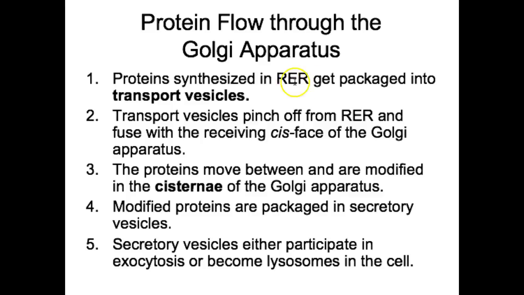So we go from the rough endoplasmic reticulum, we might go through the smooth endoplasmic reticulum, and then to the Golgi apparatus. It's all made out of plasma membrane. That's essentially what it is. So very much like endocytosis and exocytosis, we have the merging and then the pinching off of plasma membrane as things are transported along from one part of the cell to the other.